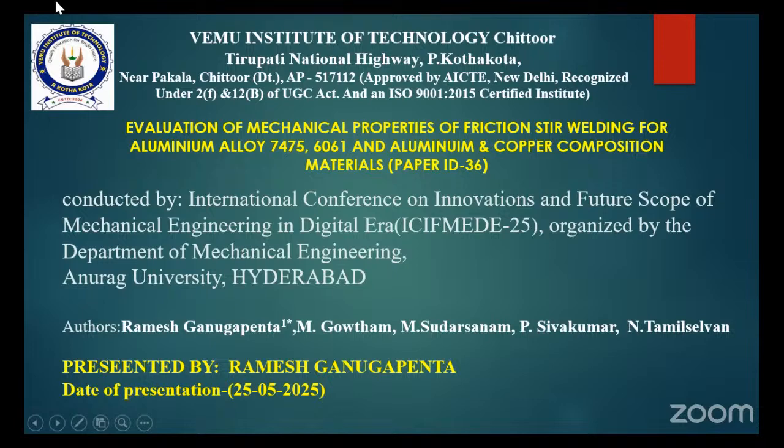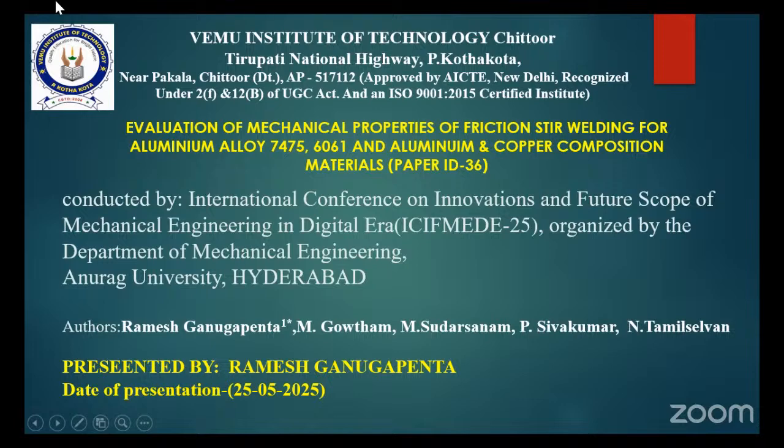After friction stir welding of the above materials, we made specimens to conduct mechanical tests using a universal testing machine, and we found impact strength using the Izod test. Specimens were made as shown in the figure. Now I will discuss the results and discussions.